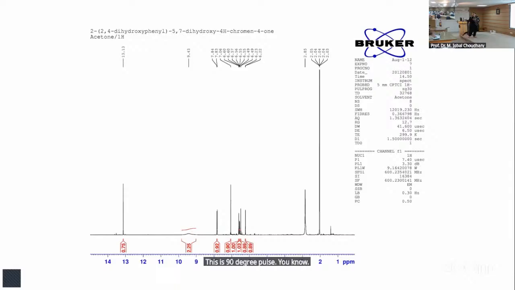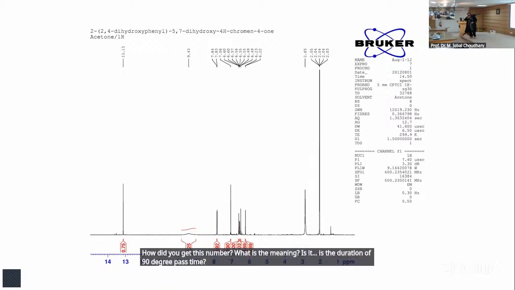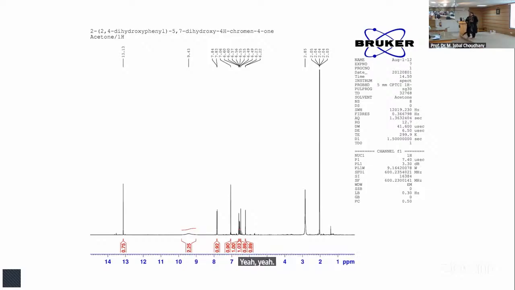You know, sir was talking about the 90-degree pulse that you have to give when your M naught is on the z-axis, and then you give a 90-degree pulse and it comes to the XY plane. So P1 is the pulse duration, the time for the 90-degree pulse, taking the magnetization from the z-axis to the XY plane.